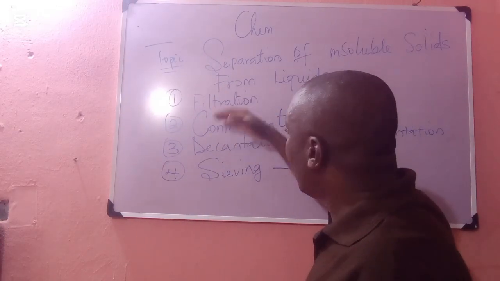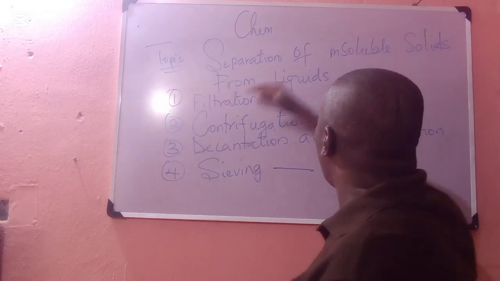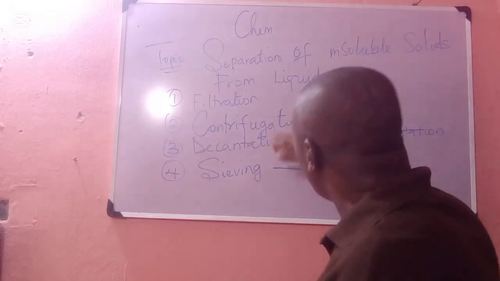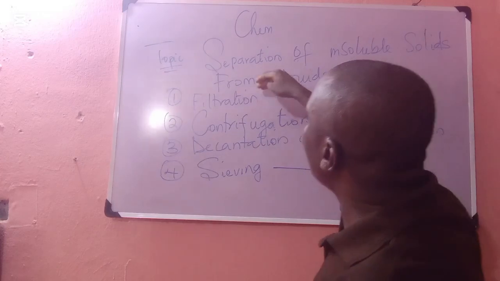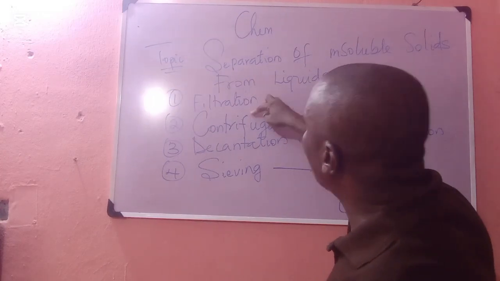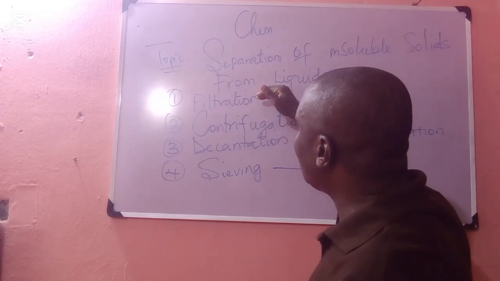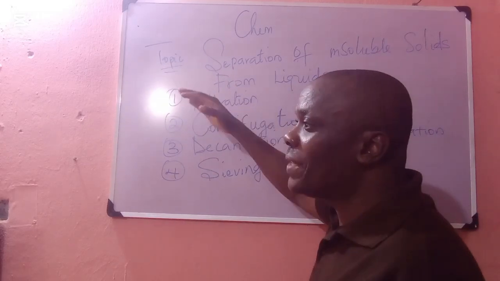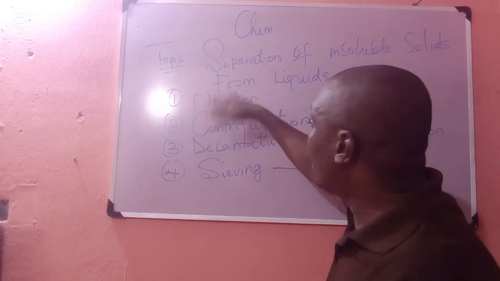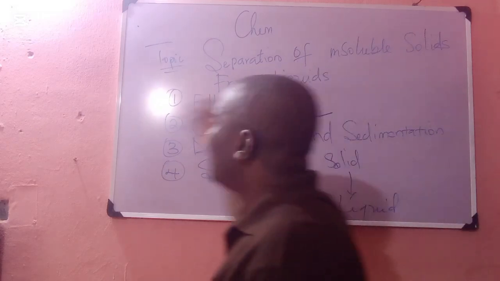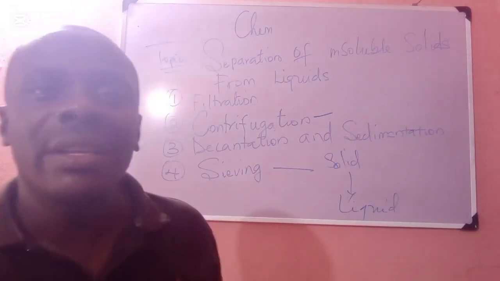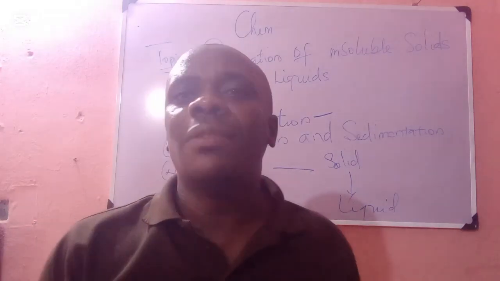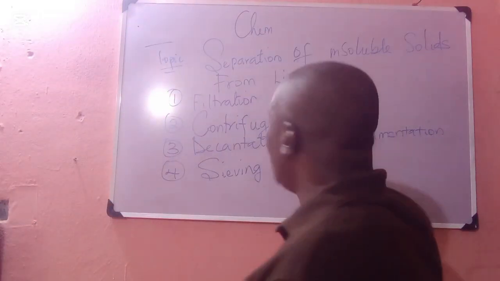You allow the sand to settle down, you have the sediment, and you collect the liquid part. It's also applicable in the laboratory. Filtration is very important in laboratory sciences and separation techniques, because you use a filter paper to separate the liquid part from the solid part. So these are the various methods used in separation of insoluble solid from liquid.